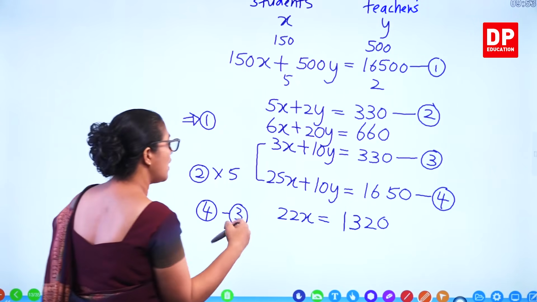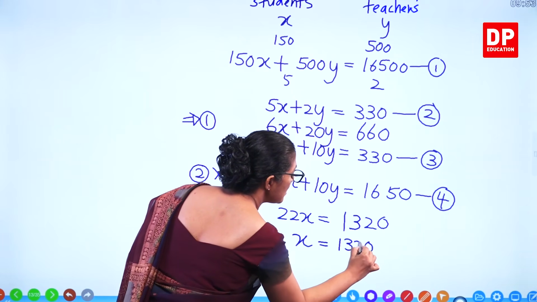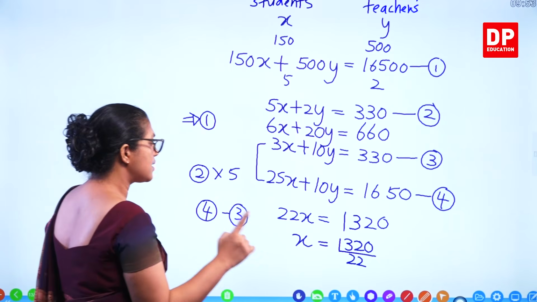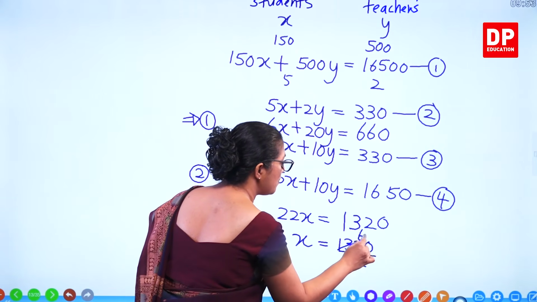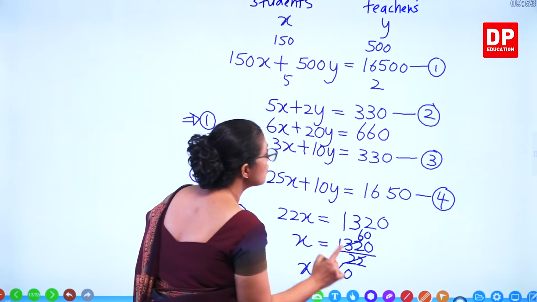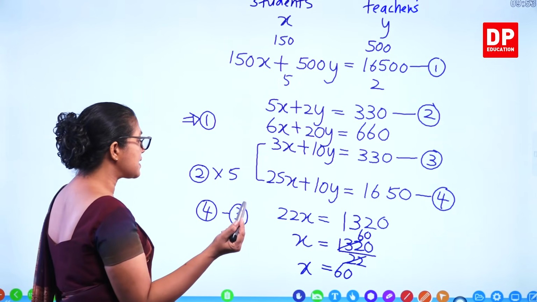You get that value, 1320. So what's x? 1320 divided by 22. You get 22 times 6, 132, and put a 0. So x equals 60. So x means number of students. So 60 students are there.